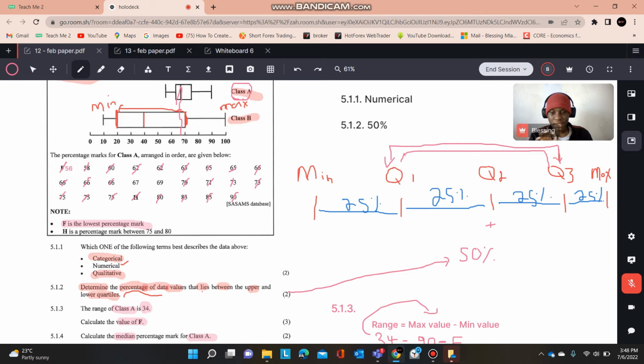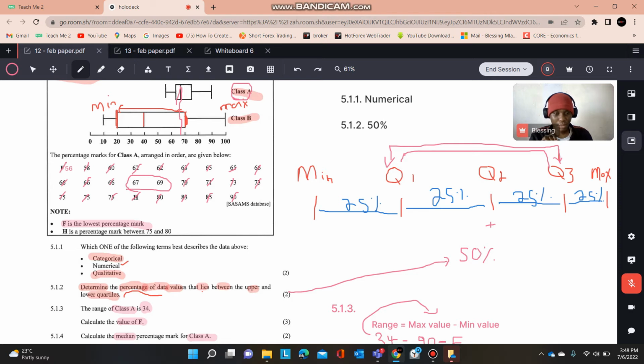I've cancelled 12 numbers from the top and 12 numbers from the bottom, right? If I cancel one here, I'll need to cancel another one, and then I won't be left with any number in the middle. So I have two middle numbers here.